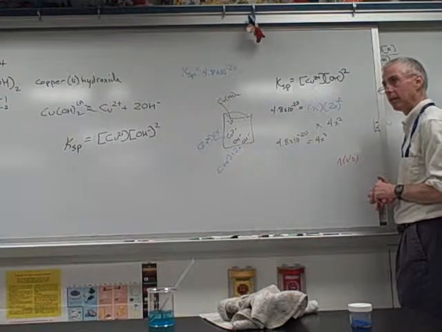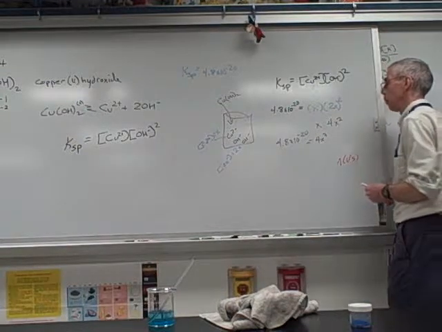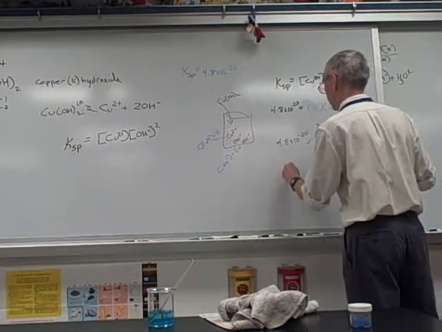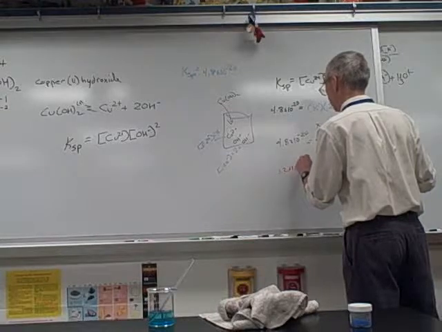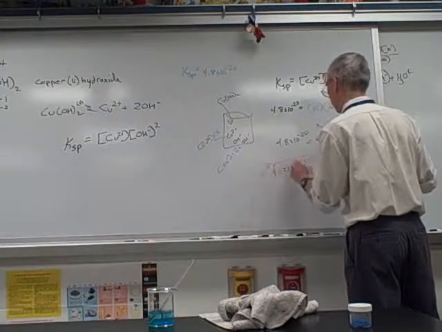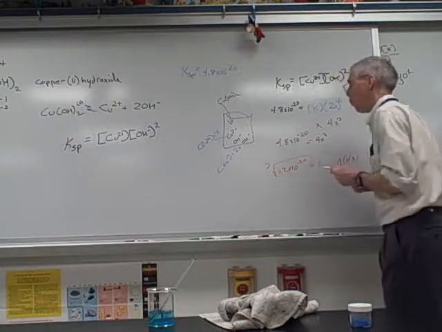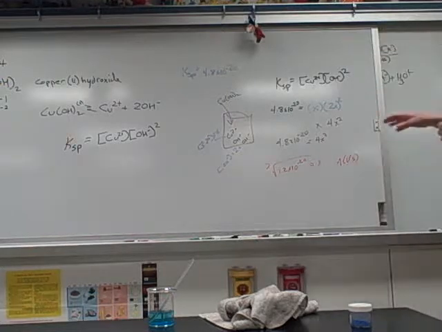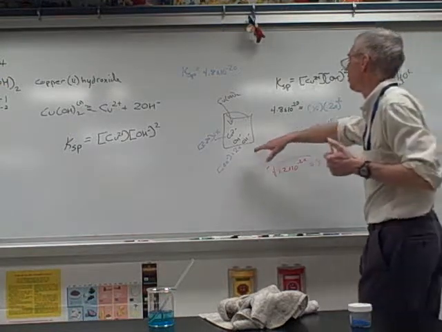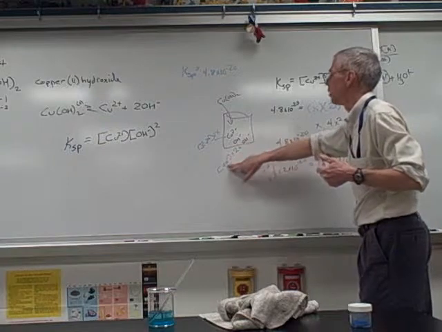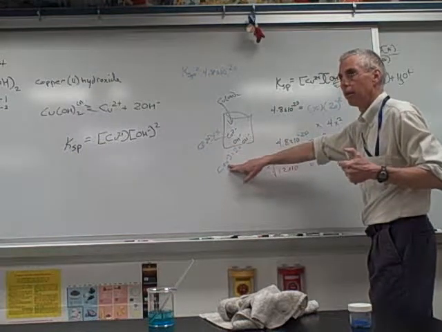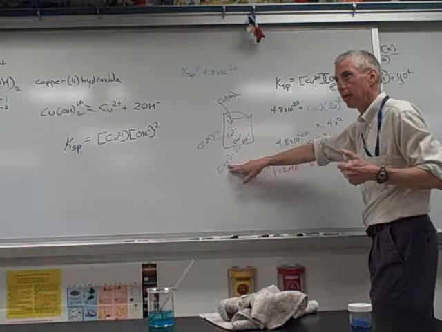Does that make sense? So, I don't know what that would be. That would be 1.2 times 10 to the negative 20th, cube root of that, whatever that is. Point is, I don't need the number. The point is, what would be the concentration of hydroxide? Twice that.